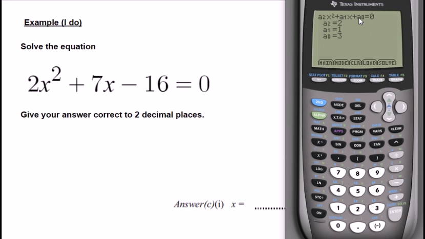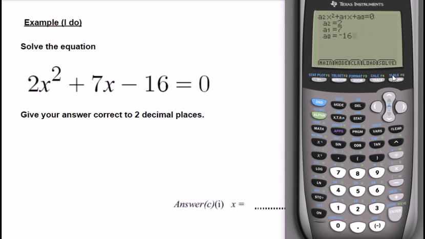So all I need to do is put the coefficients of x squared, x, and the constant term into here in order. So the coefficient of x squared is 2, so this already says 2. If it didn't, I'd press 2 and enter. So it's 2x squared plus 7x, so a1 is 7, minus 16. I'm going to use a little mini minus there, 16, and now I need to click solve.